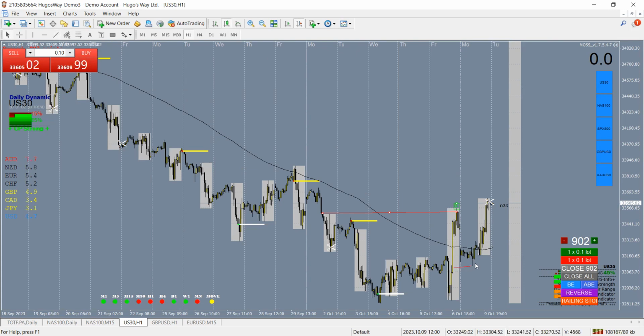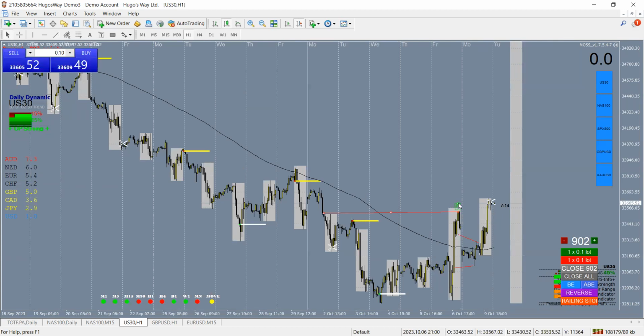So I know that everything in between here has been stopped out. And where is the open order at? The open order is right here, right? Above this high.